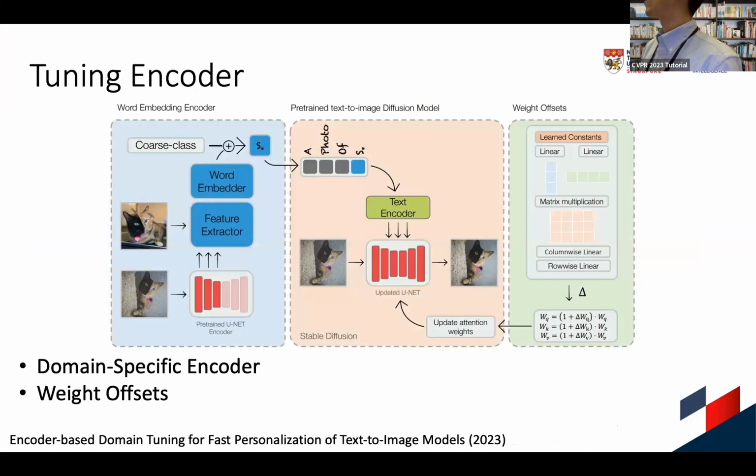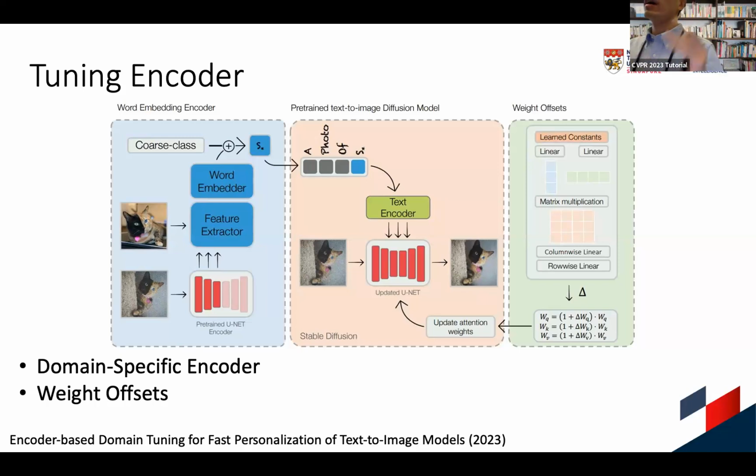For tuning encoders, instead of optimizing some tokens or prompts to represent your exemplars, you actually learn some encoders. This work proposes domain-specific encoders.